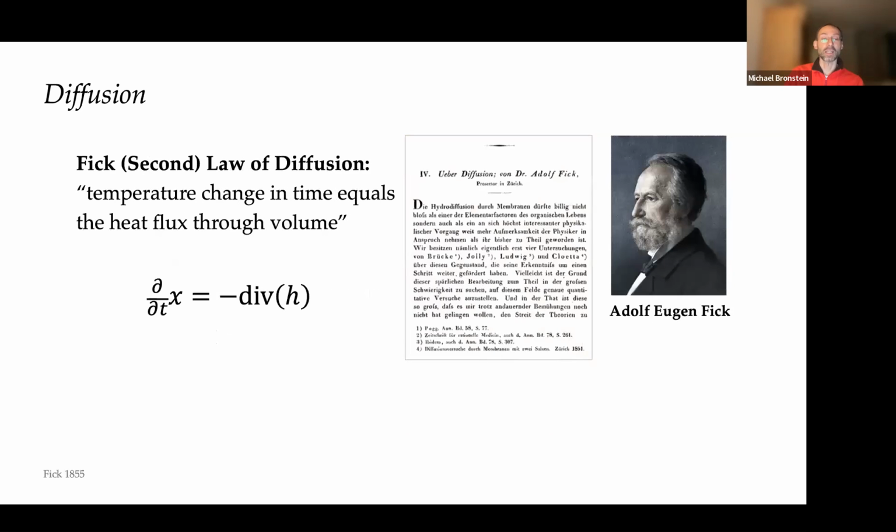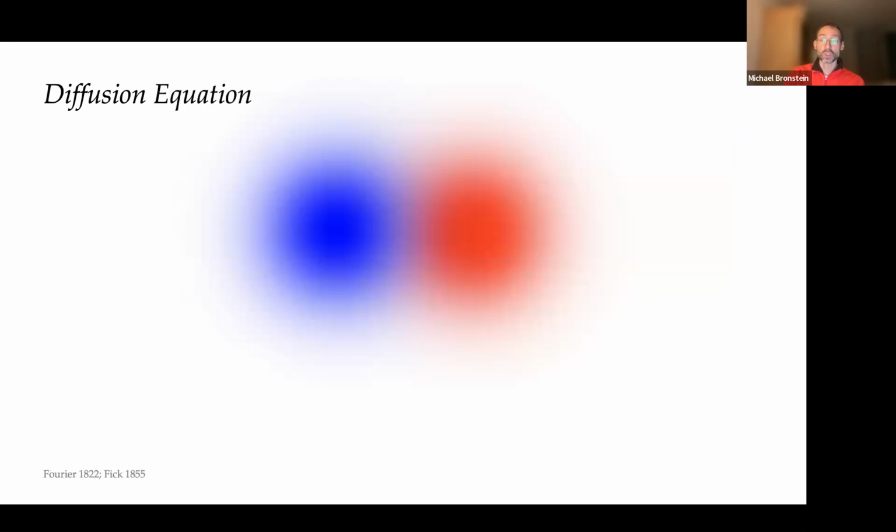And finally, another part that is missing is what is called Fick's law of diffusion. Fick actually started as a prosector, basically dissecting dead bodies, but he studied chemical diffusion. And his law is that the temperature change in time equals the heat flux through a volume, which is mathematically modeled as the divergence. So it's a kind of conservation law that tells us that heat is not created out of nowhere and doesn't disappear. So, put all together, we get the classical diffusion equation.